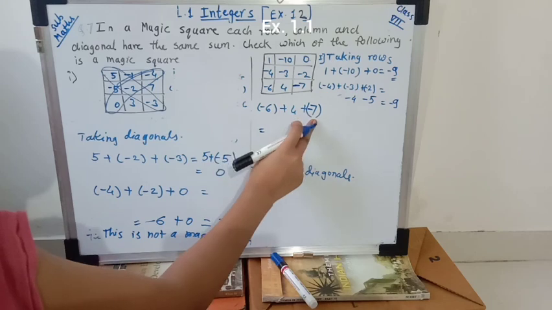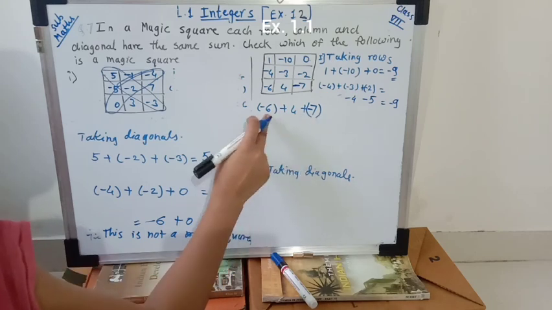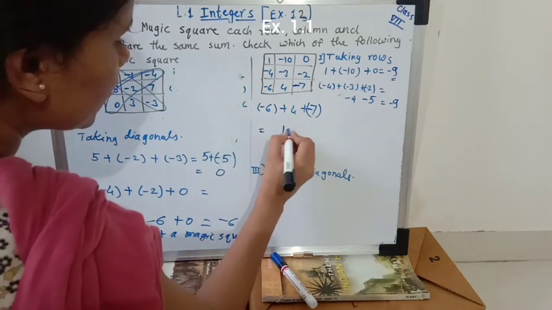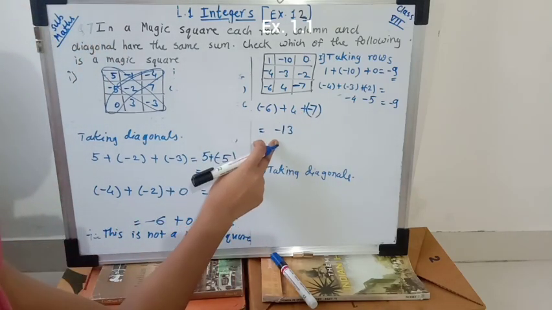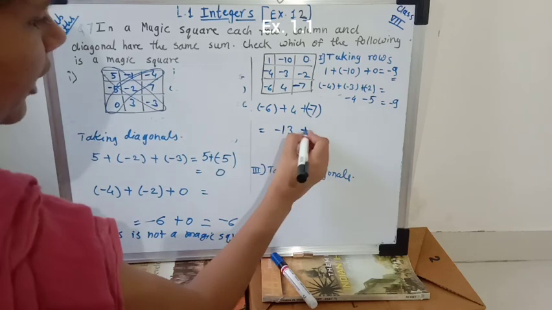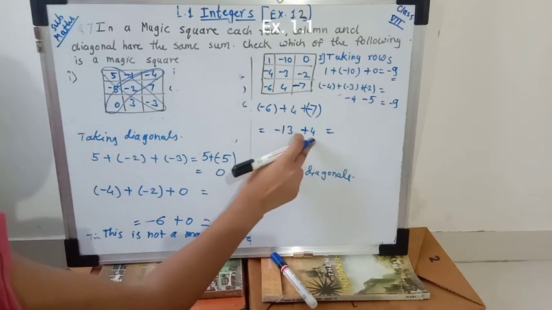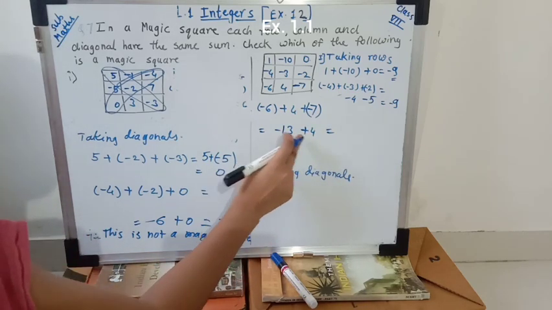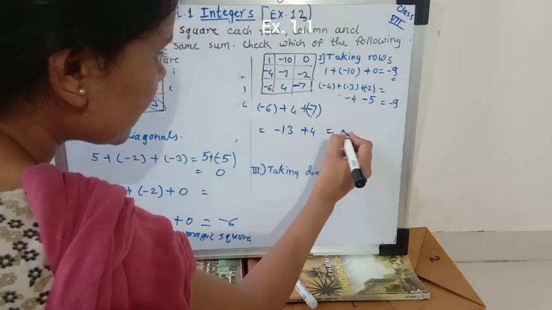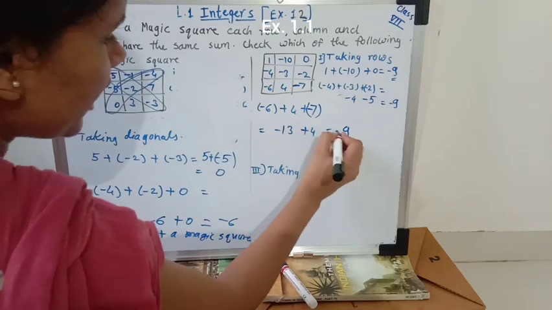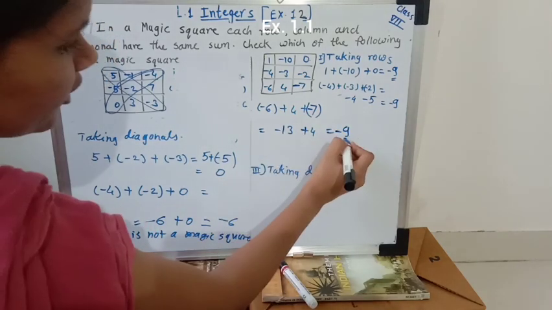The two negative numbers are minus 6 and minus 7. 6 plus 7 is equal to 13. Give the sign of the bigger number, that is 7, so we have given the sign of that number, plus 4. Both numbers are with different signs, minus and plus, so we have to do the subtraction. 4 minus 13 is equal to 9, and give the sign of the bigger number. So here also we get minus 9.